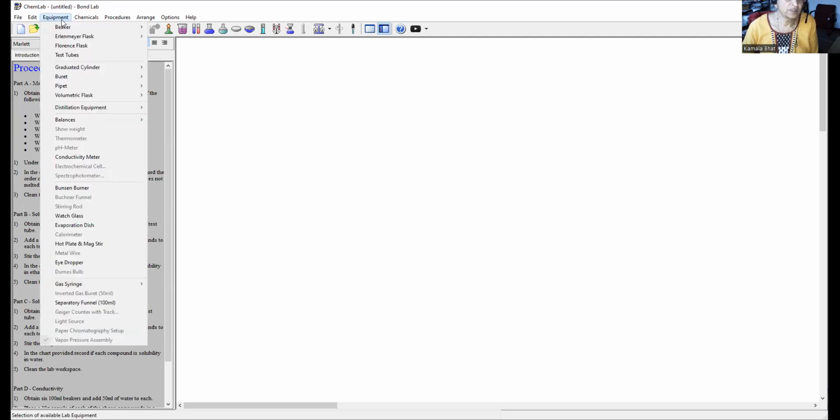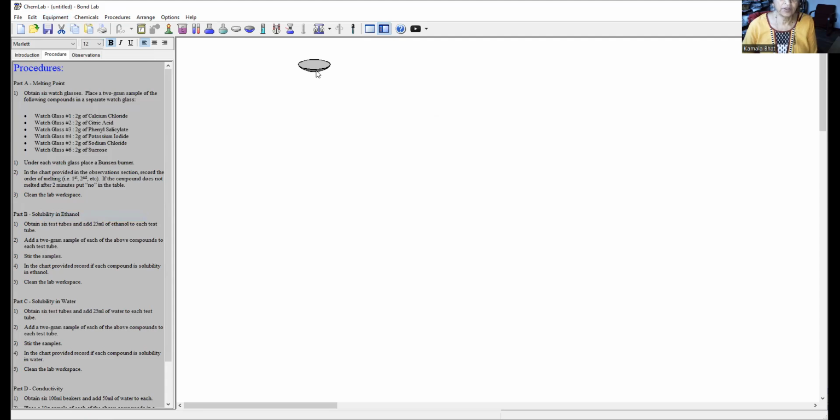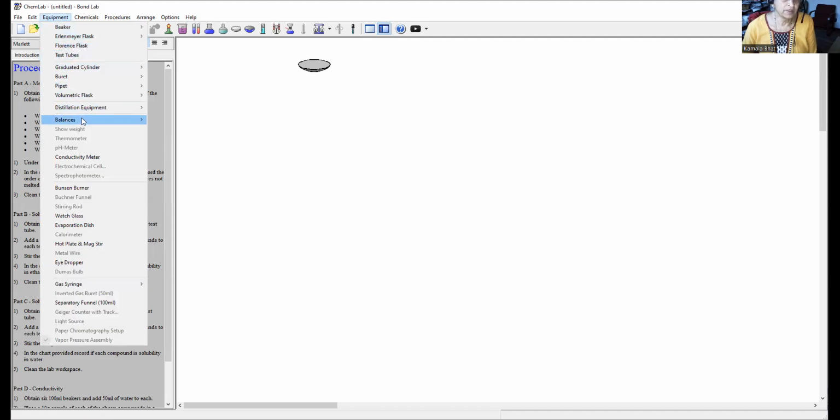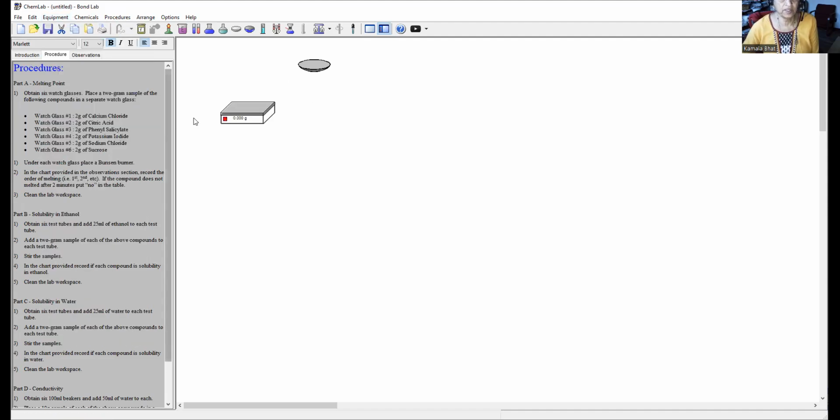a watch glass. So go to the equipment and find a watch glass. I've got the watch glass. And then I'm also going to go and get an electronic balance, because they say I need to put 2 grams of the compound.